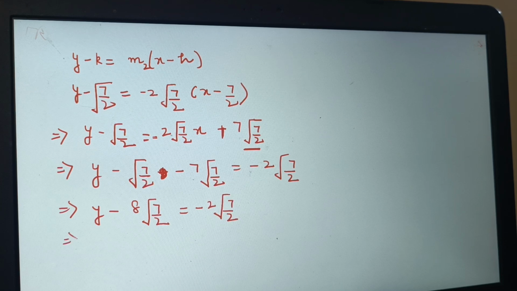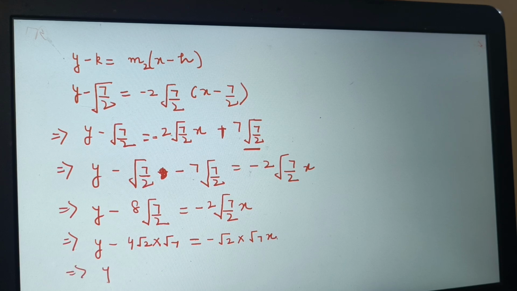Now if I solve this further, I get y, and now I will cancel the square root 2 with the 8, so I am left with 4 square root 2 multiplied with square root 7, and here I will cancel the 2 with the square root 2, so I am left with minus square root 2 into square root 7 x.